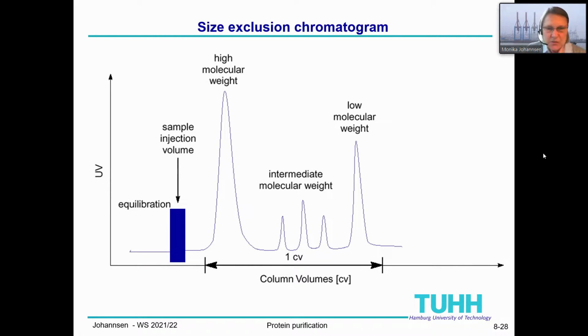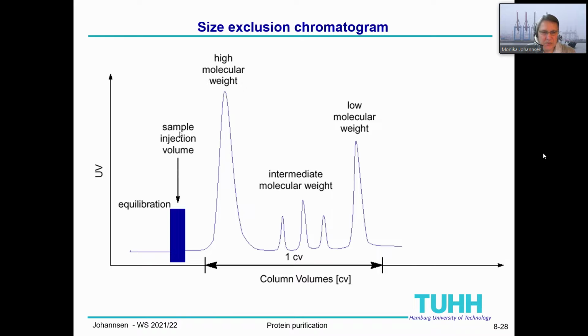So this is how a typical size exclusion chromatogram looks like. All the peaks elute within one column volume, because there is no adsorption.